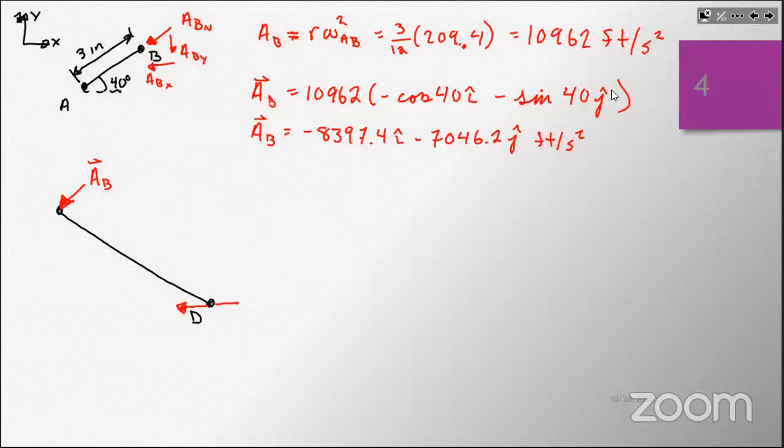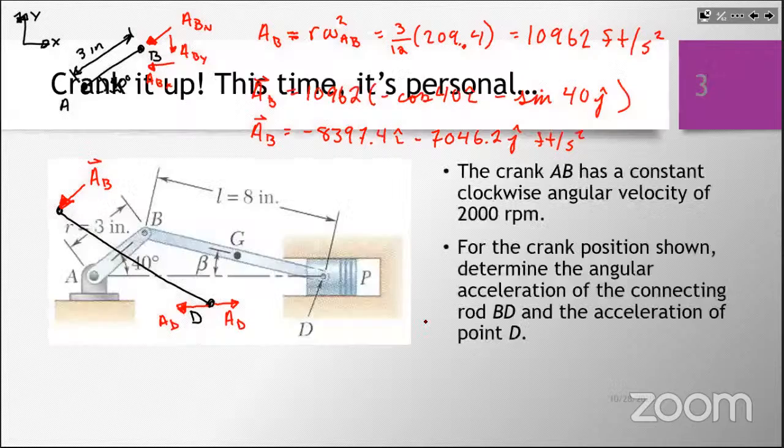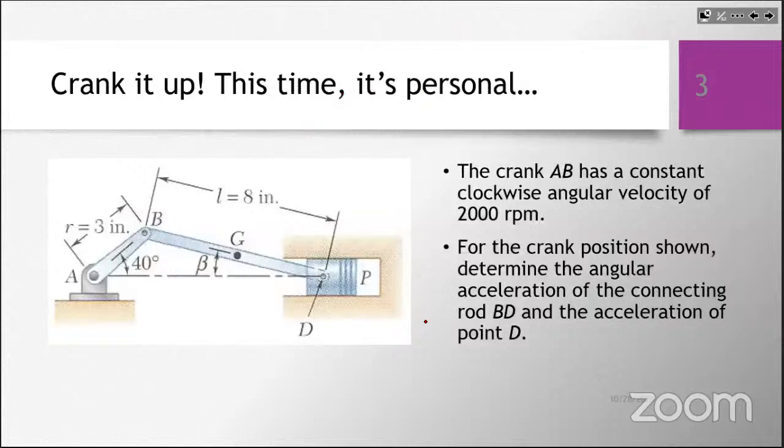I also know that point D has to have an acceleration that's in either of these directions, right? Why? This piston is in the housing. It is forced to move horizontally. It cannot move out of the housing. Otherwise, we have big problems, right? So it's going to stay in there. It's going to move left to right.